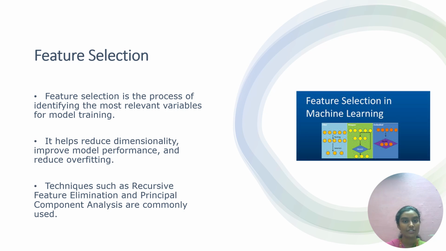Techniques such as recursive feature elimination and principal component analysis are commonly used in feature selection. A feature is nothing but a variable which is used in the process of model training.